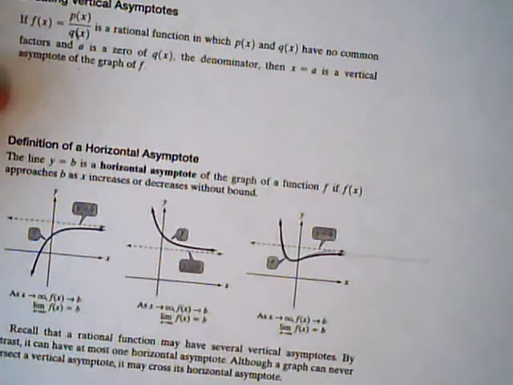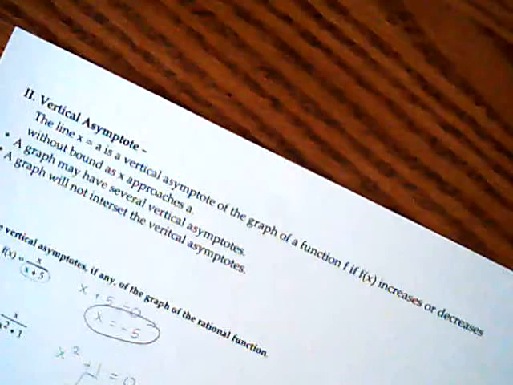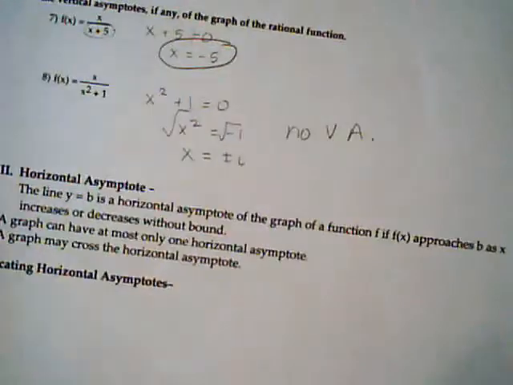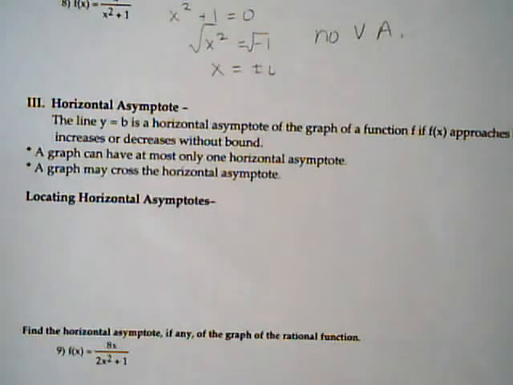Okay, finding a horizontal asymptote is very different than finding the vertical. Okay, so the notes that I'm going to put on here, you may need to write down as far as how you can find a horizontal asymptote. It depends on your equation.